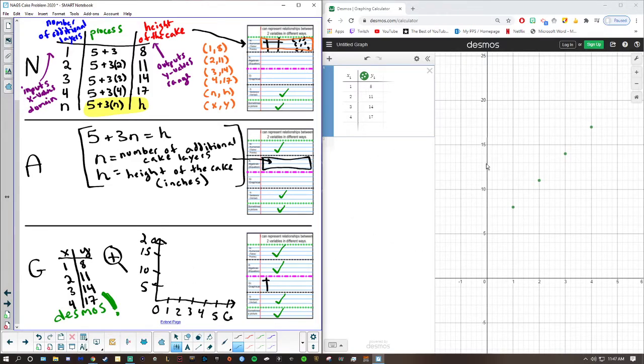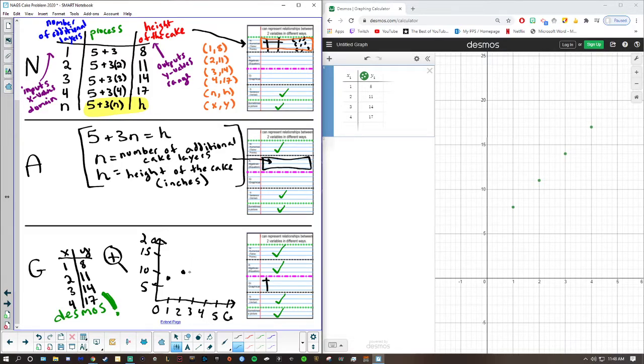And now I'm going to copy down all of my points onto my graph. So my first point, 1, 8. I'm going to do my best job, and I'm going to go over 1, up about 8, which I think is right about there. Second point is 2, 11. So I'm going to go over 2, up to 11, and do my very, very best to draw that point.